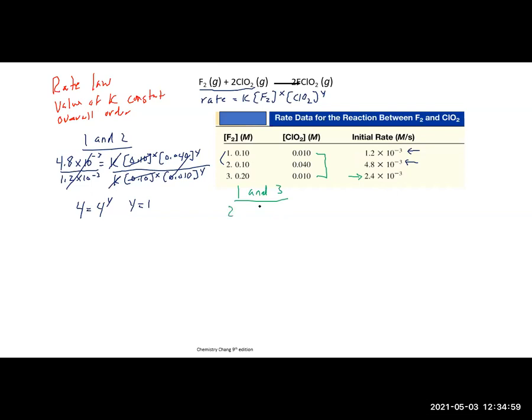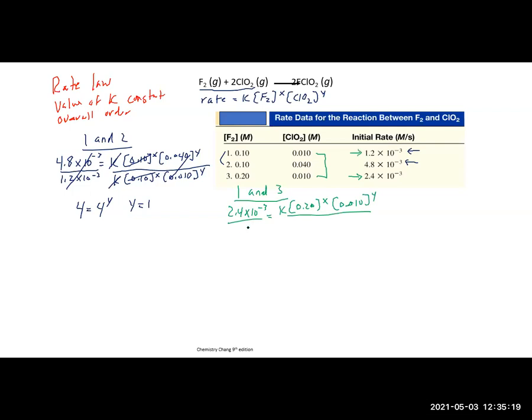If I do that, I get 2.4 times 10 to the minus 3 equals our K. That's going to be 0.2 to the X, and that will be 0.01 to the Y. Now I come back to the bottom and put all my information for number 1 in there.